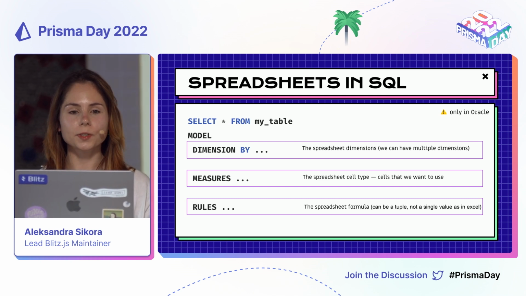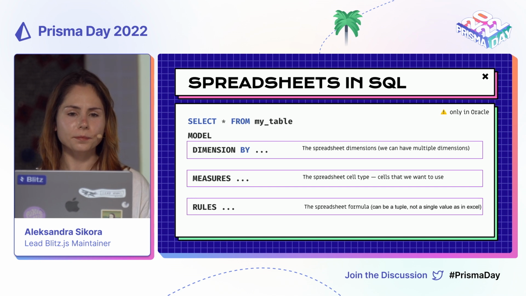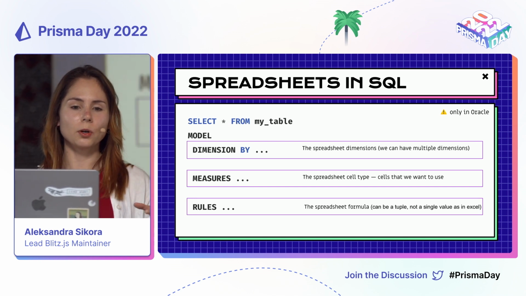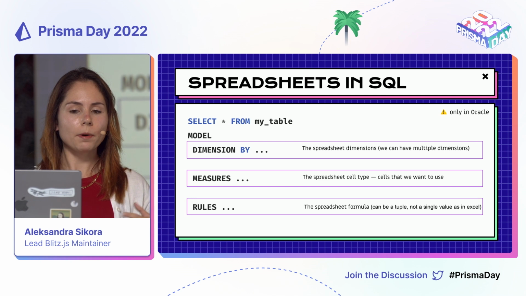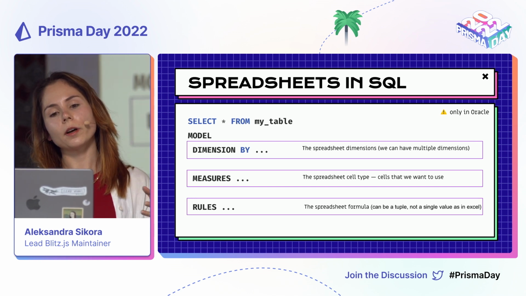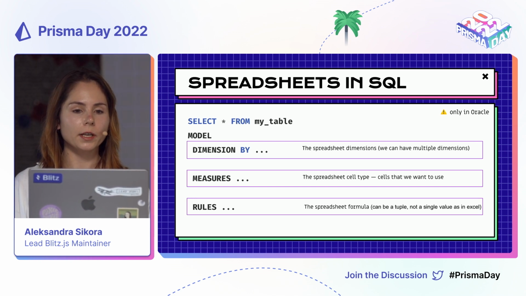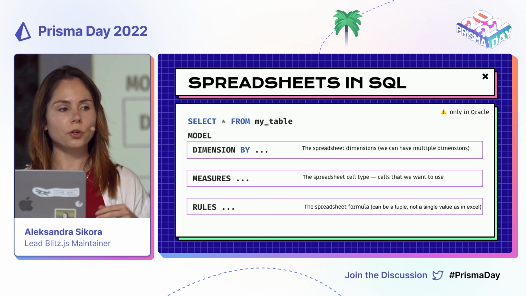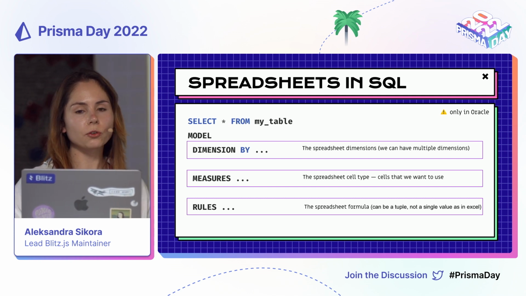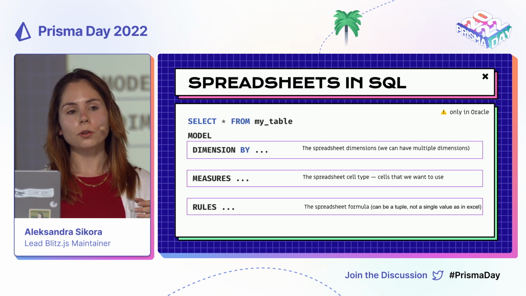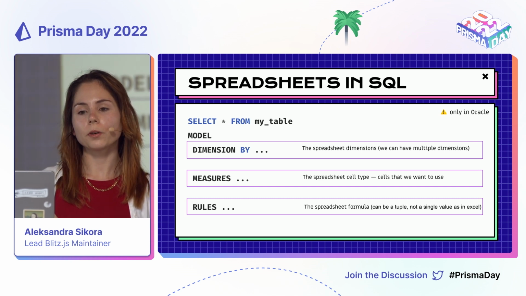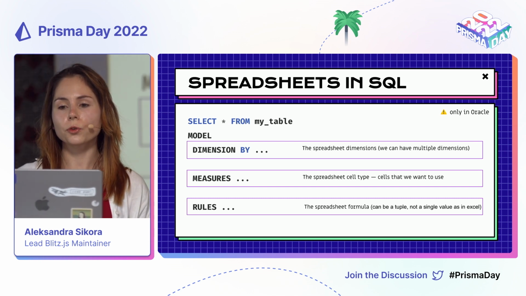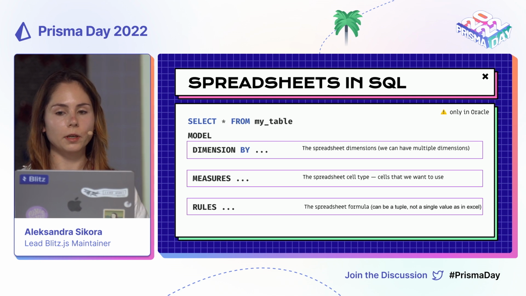So how does it look? You have the query, and then below you declare the model part. You specify three things. First, the dimensions by, where you specify the spreadsheet dimensions. In Excel you only have 2, but with model clause you can have multiple dimensions.